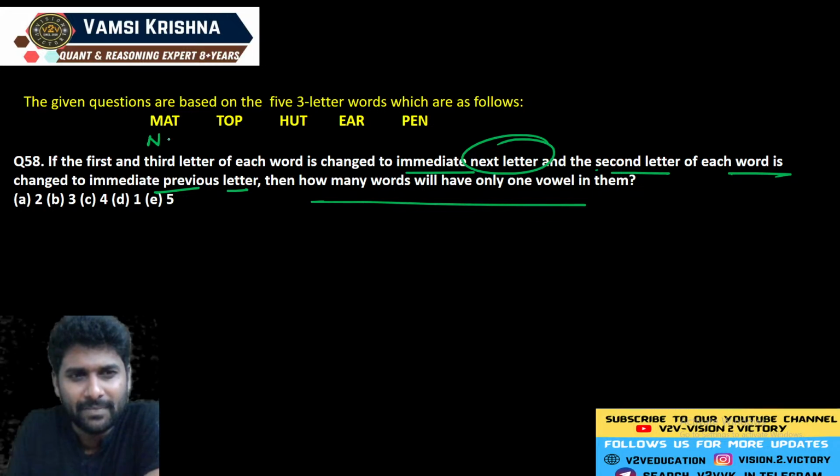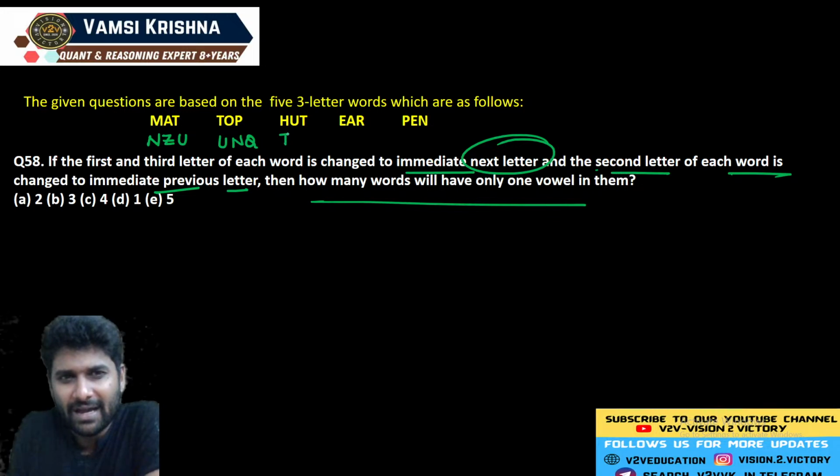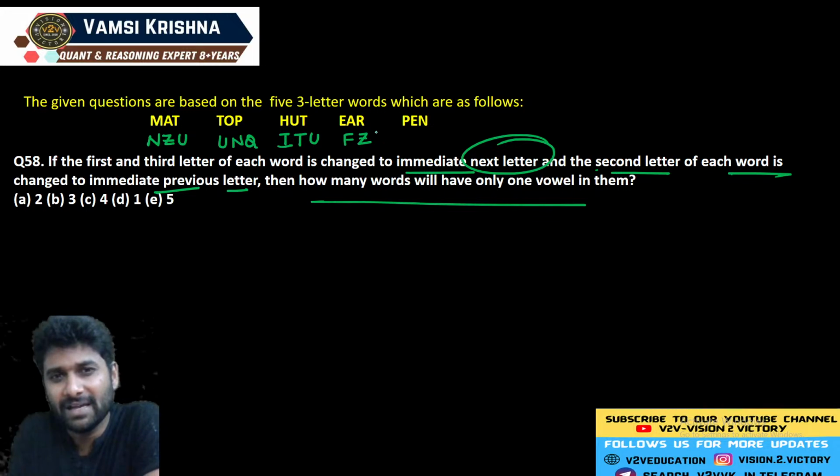N, A previous letter is Z, T next letter, U. Same way, T next letter, U, O previous letter, N, T next letter, Q. I, U previous letter, T, T next letter, U. E next letter, F, A previous letter, Z, R next letter, S. T next letter, Q, E previous letter, T, N next letter, O.